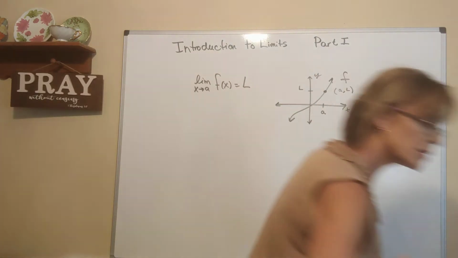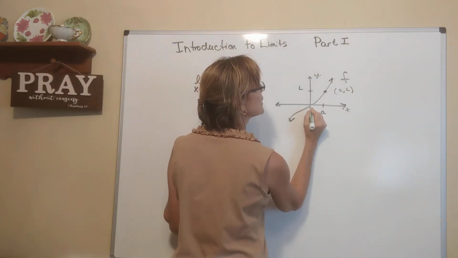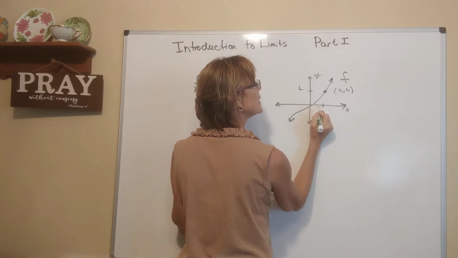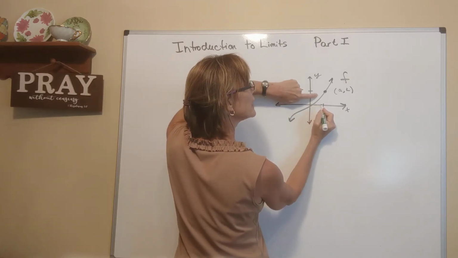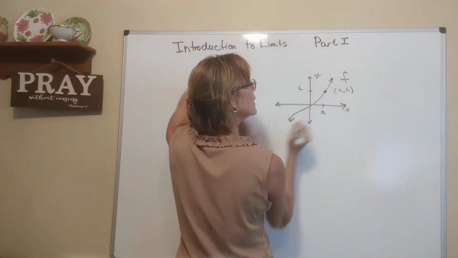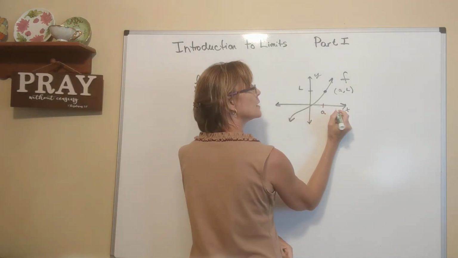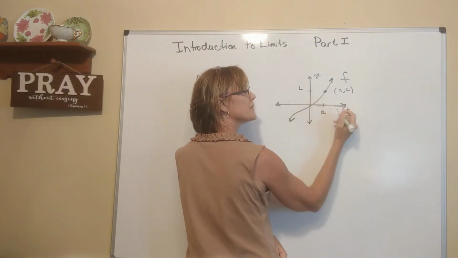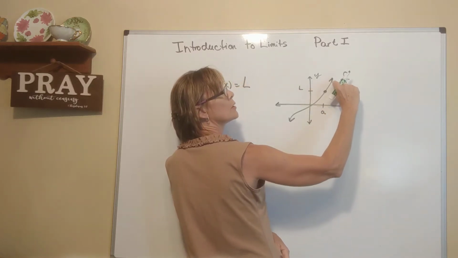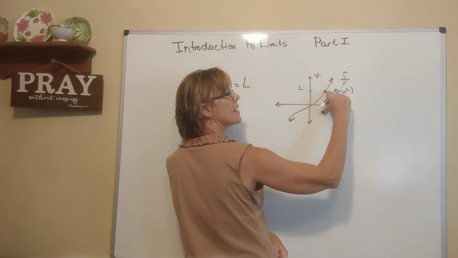It's like you're riding the curve. As we get closer and closer to a from the left side here, the y values are getting closer and closer to this value here, L. And what's happening if we come in from the other side, just from the positive side of a? We're looking at the y values up here. They're getting closer and closer to this value, L.